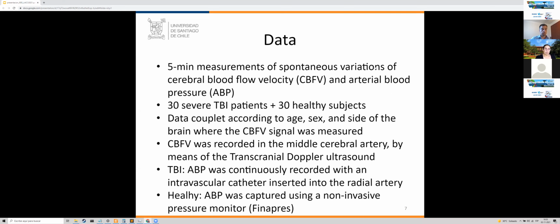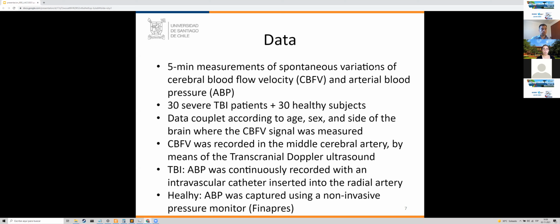So to achieve our purpose, we used 5 minutes measurements of spontaneous variations of cerebral blood flow velocity and arterial blood pressure from 30 severe traumatic brain injury patients and 30 healthy subjects. We performed data coupling between the two groups according to age, sex, and side of the brain where the cerebral blood flow velocity was measured.